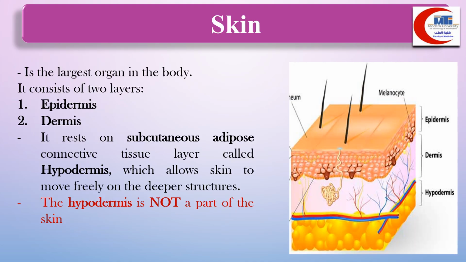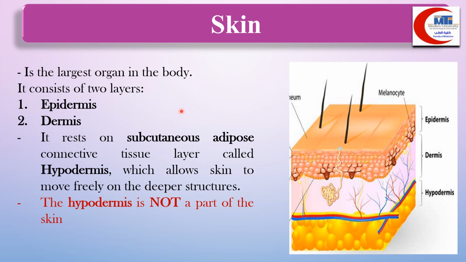The skin is the largest organ in the body, constituting about 16% of the total body weight. It consists of 2 layers of different origins: the epidermis, which is ectodermal in origin, and the dermis, which is mesodermal in origin.